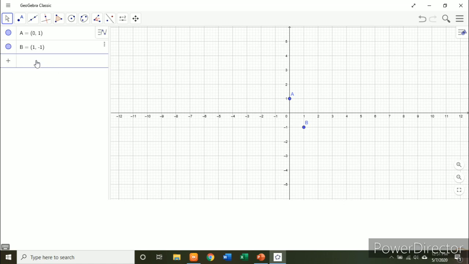Third point minus 1, 3, and fourth point 2, minus 3. And join these points by a straight line.